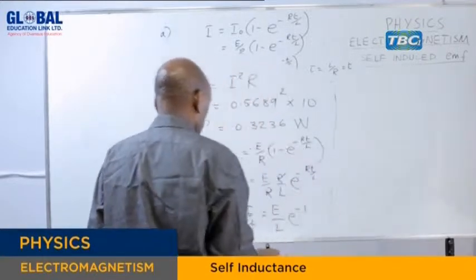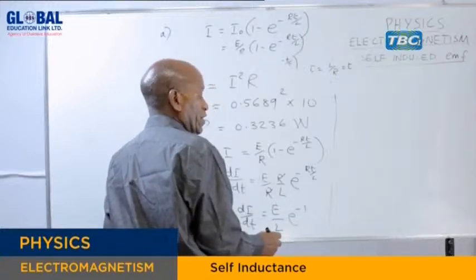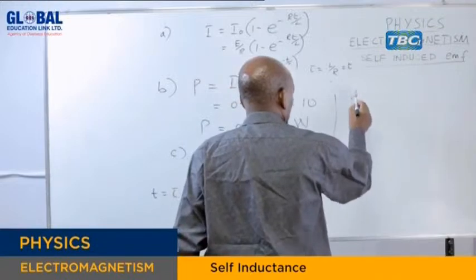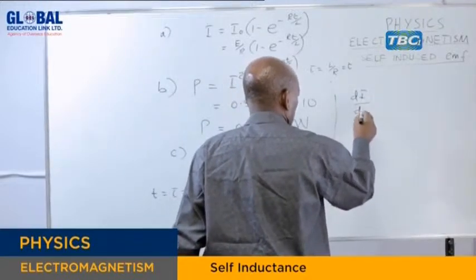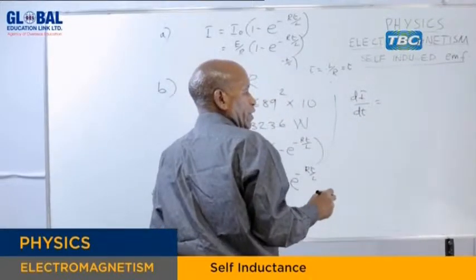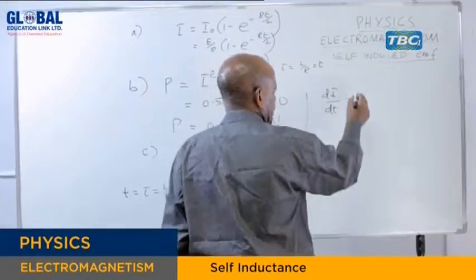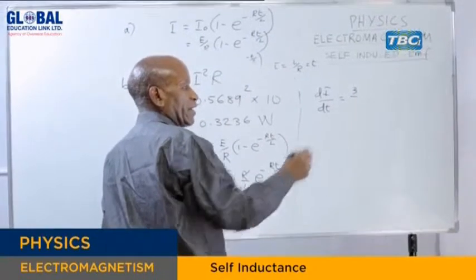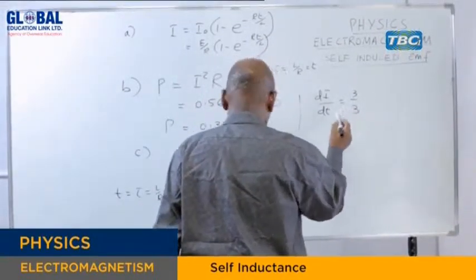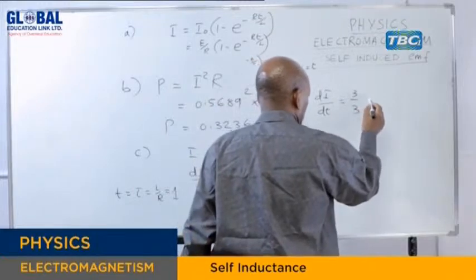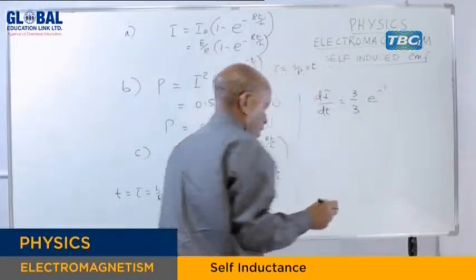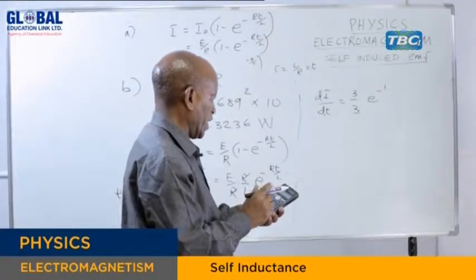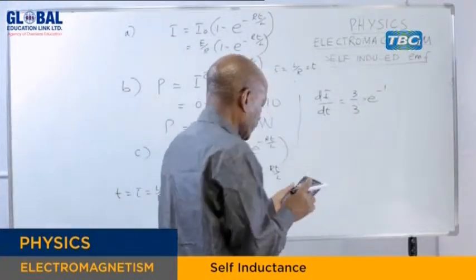Substituting for those particular values, we know the value for E is 3 volts, and the inductor there is 3 henry. So we multiply with e power minus 1 of that much. We can go with our calculator and multiply there.